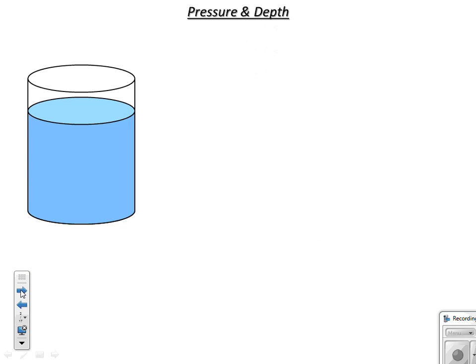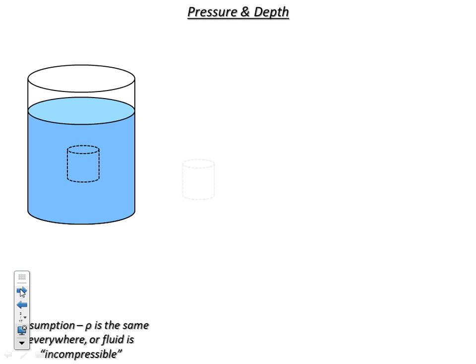Onward. So, what we call pressure at a depth. Well, let's look at this little subset of the whole liquid or fluid that's in there. All right, we're going to make an assumption that we call this fluid an incompressible fluid, which means its density is the same everywhere you go. That doesn't happen in air, right?